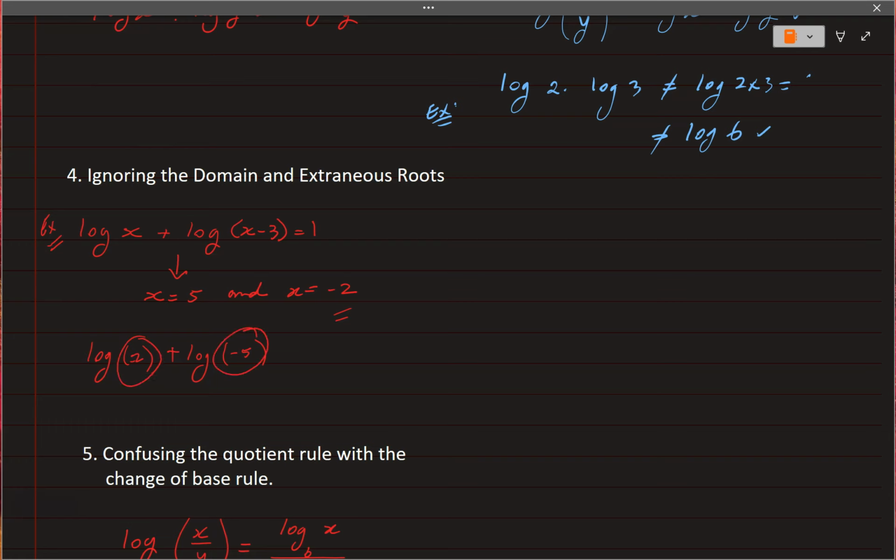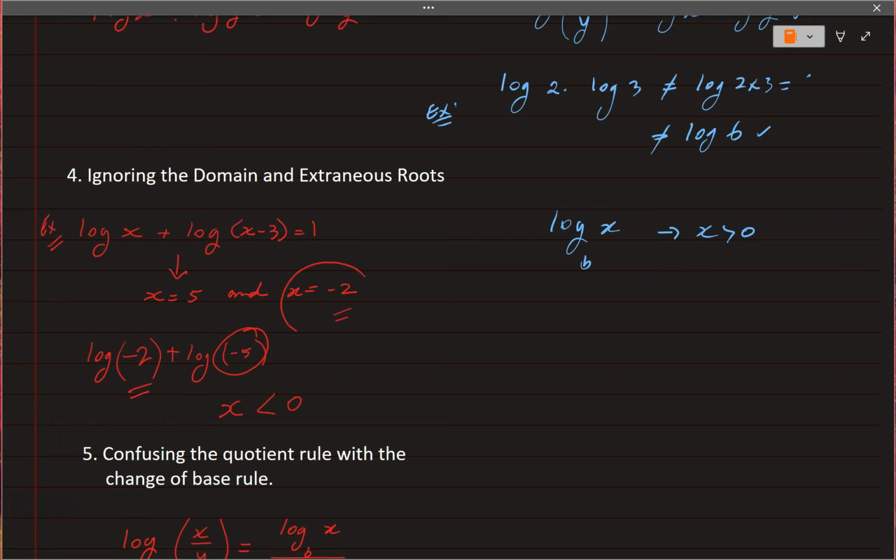That is one of those restrictions that you cannot have. The rule says for restrictions, if you have log base b of x, this has solutions only where x is greater than 0. So if x is a negative number, in this case negative 2 right here, x is less than 0.